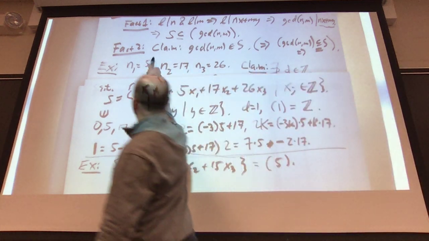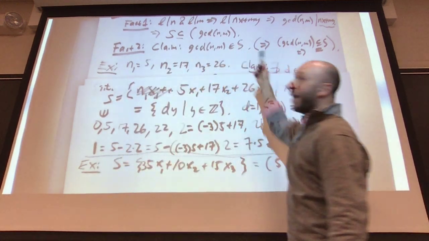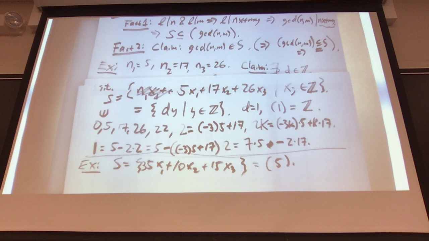This fact 2, the claim in the other direction, is we can find the GCD. How do we find the GCD as a linear combination? Benjo? Euclid's algorithm. Euclidean algorithm. Exactly. Okay? So we know how to do this.